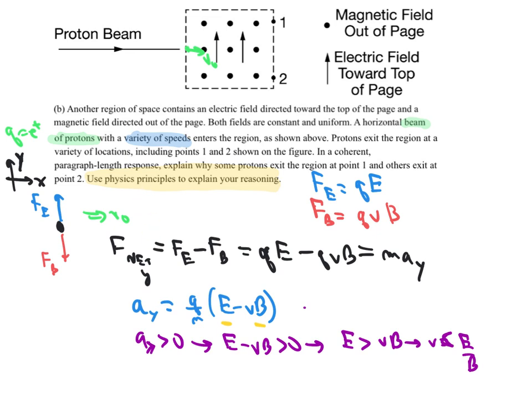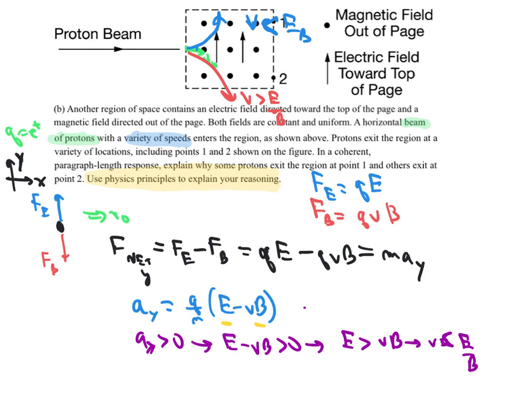When it comes in, there'll be an upward acceleration. So a low speed particle would do maybe something like this when V is less than E over B. On the other hand, if V is greater than E over B, it would do that.